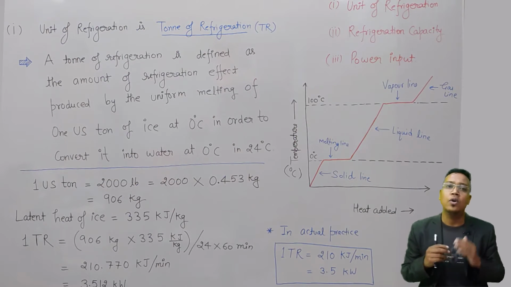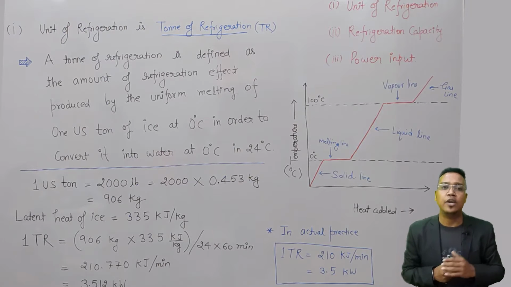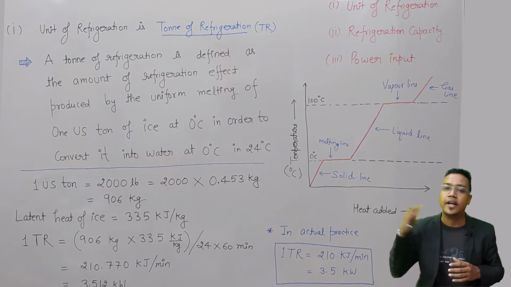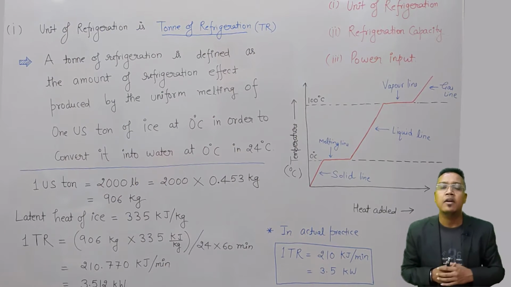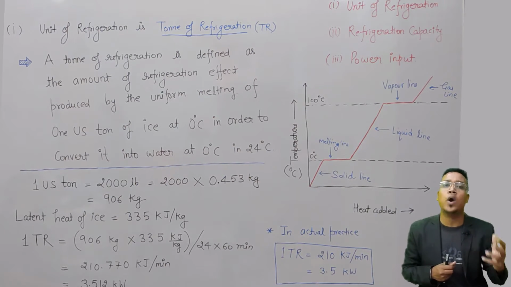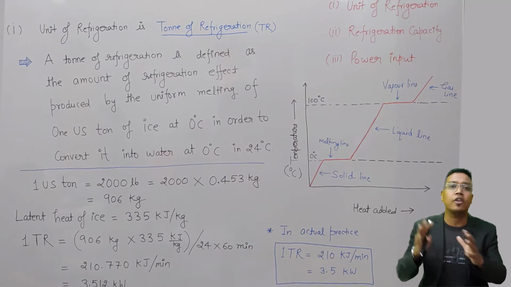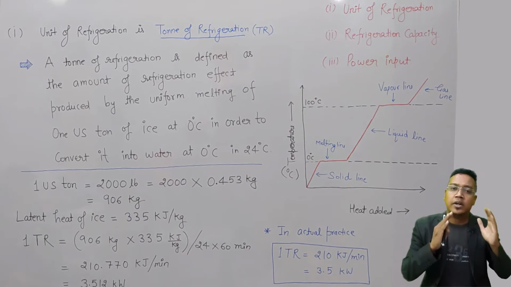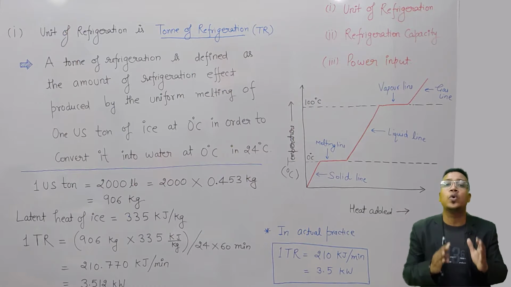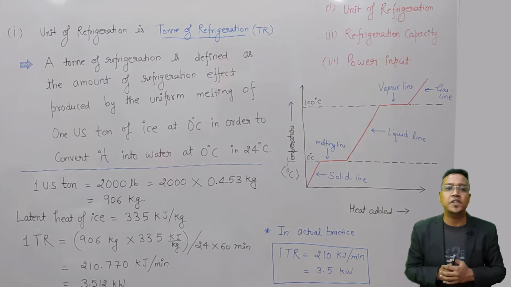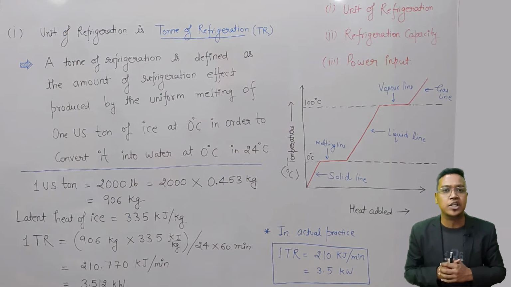If you go to buy an AC, you will see a 2 TR AC, 2 ton AC, 3 ton AC, 5 ton AC, 1 ton. Basically, these are the refrigeration capacity for that AC. Ton means TR, 2 TR, 5 TR, 1 TR. These are the refrigeration capacity for an air conditioner.